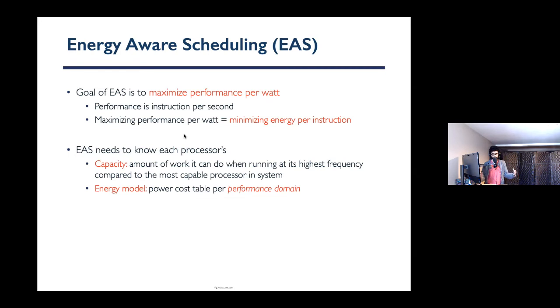Now we have a heterogeneous asymmetric processor to manage. This is good for a number of reasons. One, we can still meet performance targets because we have both high performance and low performance cores. If you have an application that needs a lot of performance, you have a high performance processor. If you have an application that doesn't need it, you can achieve energy efficiency by running it on a low performance, low power processor.